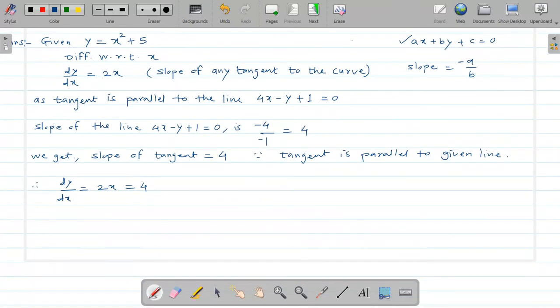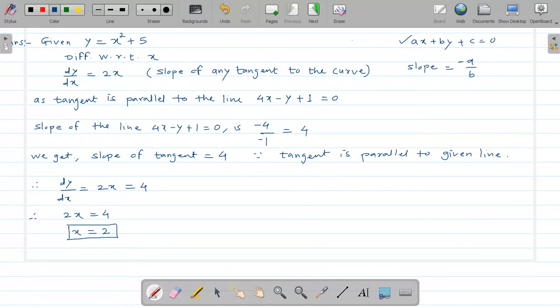Now from this equation we get 2x is equal to 4, that means x is equal to 2. This is the slope of any tangent, dy by dx is equal to 2x, but as the tangent is parallel to the given line, the slope of the tangent is equal to 4 and we equate that. So 2x is equal to 4 and hence x is equal to 2.